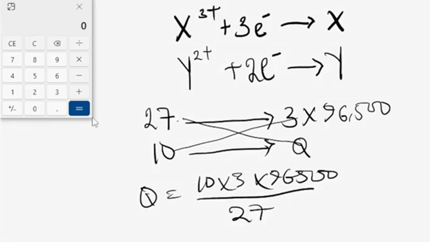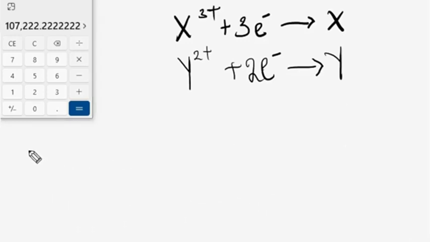So we're going to punch our calculator here. 10 times 3 times 96,500. So this will be divided by 27. So let's go ahead and wipe this part, and then let's keep this aside. The charge for X. So for Y, let's go for Y now.